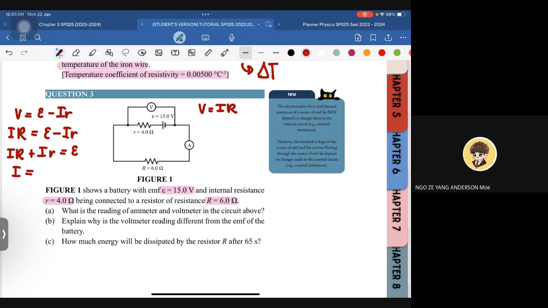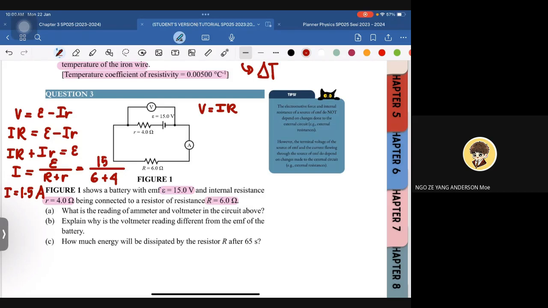So current is just EMF over external plus internal resistance. The EMF is given, which is 15. Then we have external 6 plus 4, which will give the current equal to 1.5 ampere.